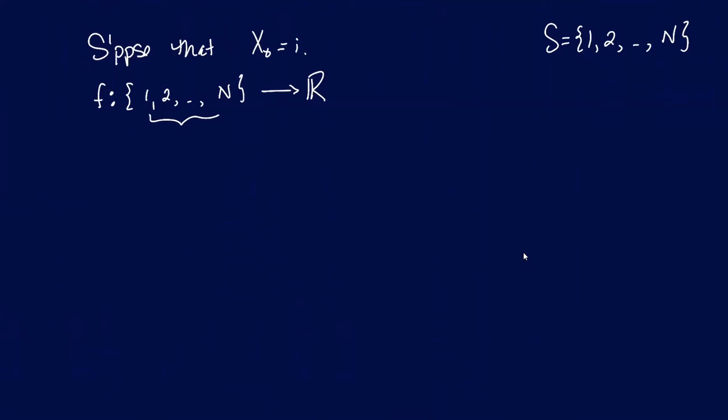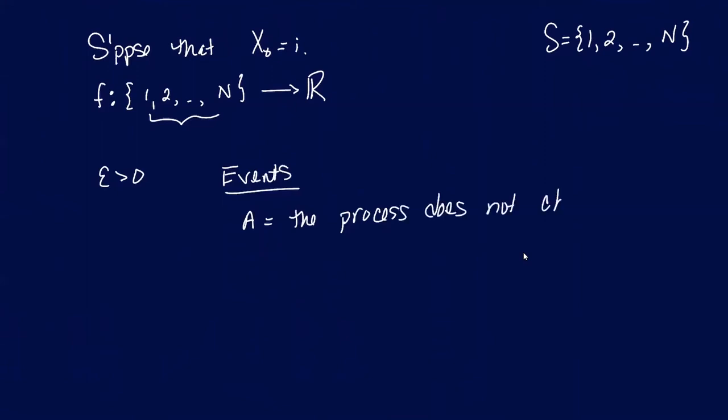In this problem, we are given an epsilon greater than 0, and we're given some events. The event A is that the state of X, so X is the entire process, does not change in the time interval from 0 to epsilon.